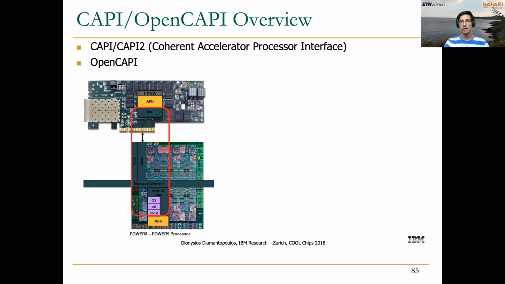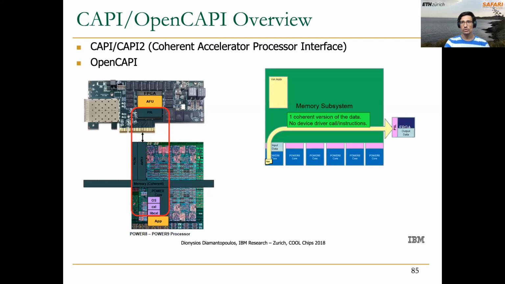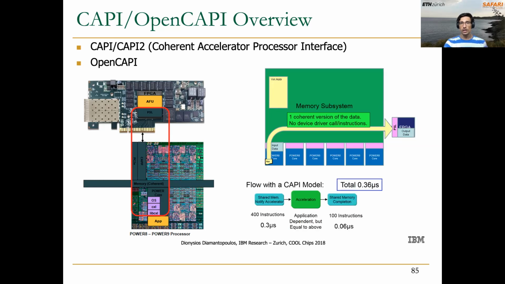Good examples are CAPI2 and OpenCAPI, the Coherent Accelerator Processor Interface developed by IBM and other vendors. A good thing of this approach is that it's possible to have just one coherent version of the data, and that CPU and FPGA can tightly collaborate on the workload, saving many data transfers.